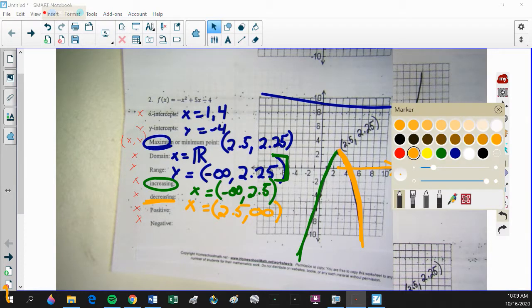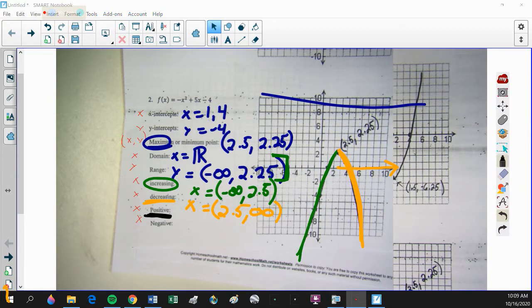Okay. Now highlight positive. When is this graph positive? This section right here is above the x-axis. That's when we are above sea level. When does that start? Nope.